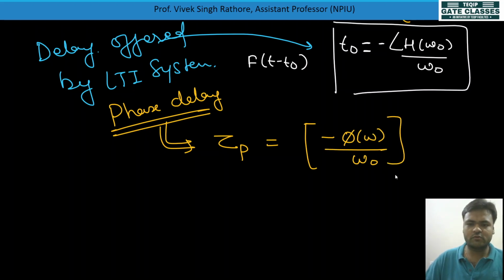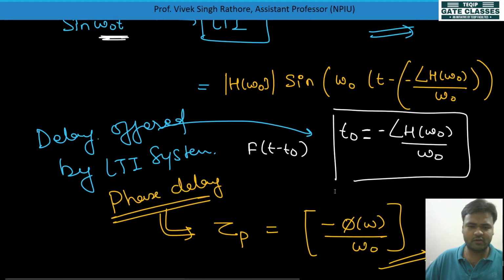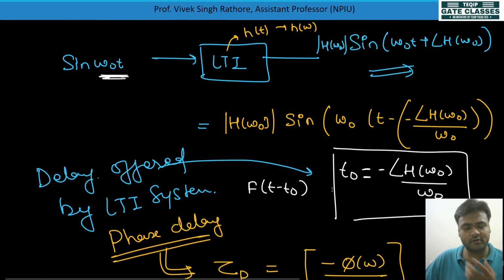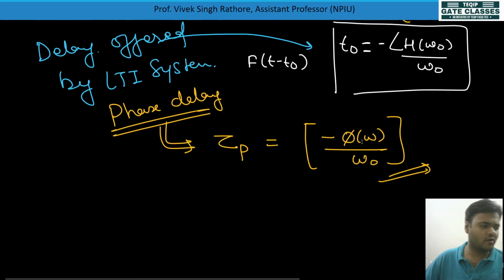Because it is delayed only, I can write it like this. So ultimately phase delay is the delay in the time domain, due to a single frequency. The delay offered by an LTI system.